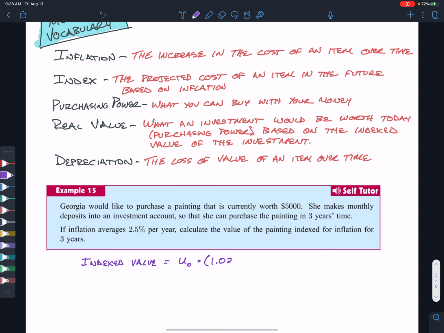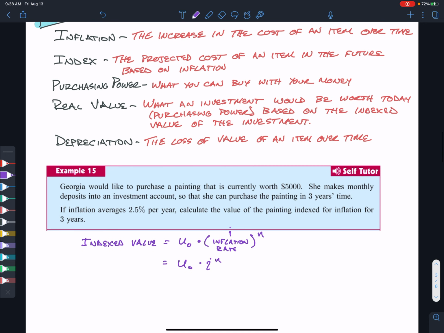Let's maybe call the inflation rate I, times the inflation rate to the number of periods. It's actually very similar to what we did before: times I to the nth power.